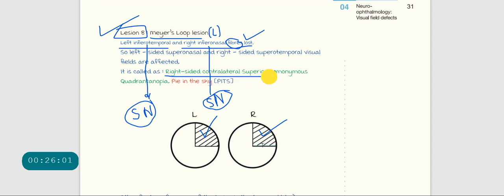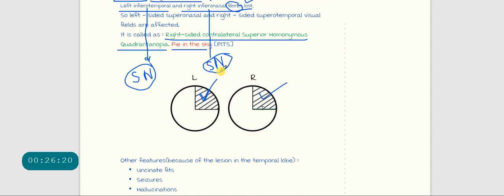Now, not only is the vision affected, the other features, that is uncinate fits, seizures and hallucinations, are also seen. The next type of lesion is Baum's loop lesion, in which the left superior temporal and the right superior nasal fibers would be lost.